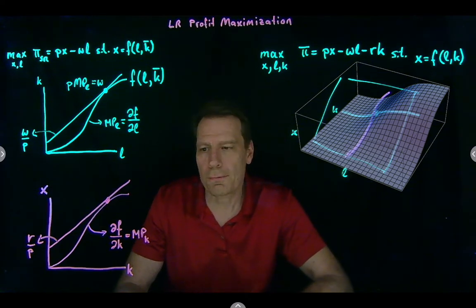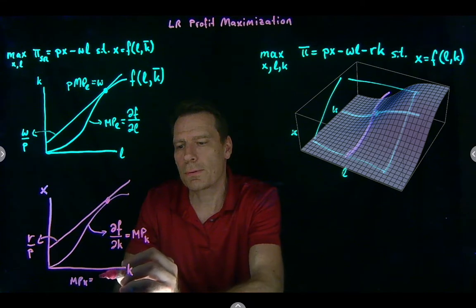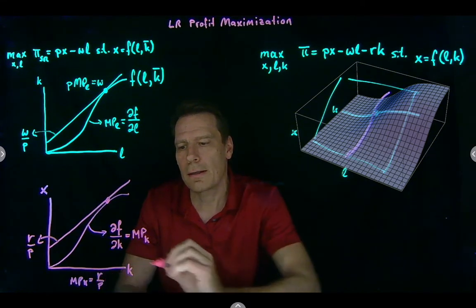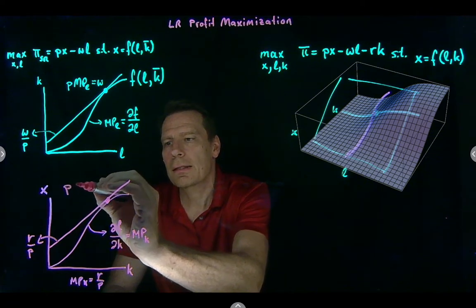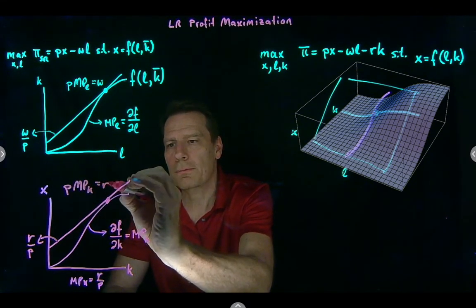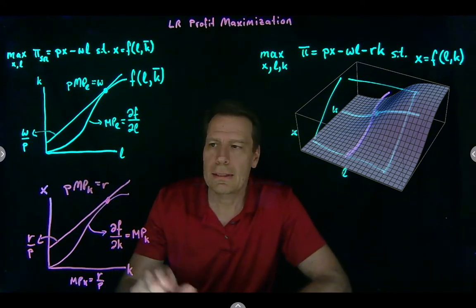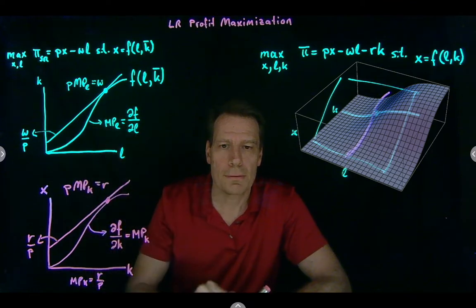If we multiply through by price, we get that the price times the marginal product of capital is equal to the rental rate. An equation very similar to the one we found before in the short run.